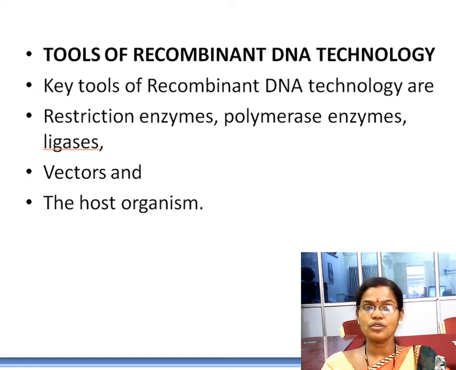The four tools of genetic engineering are: first one is enzyme. In the bracket you have to write restriction endonuclease enzyme, ligase enzyme and polymerase enzyme. These three enzymes you have to write in the bracket. Second one is vectors.